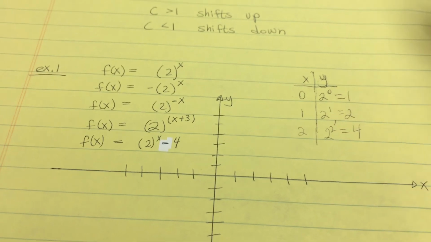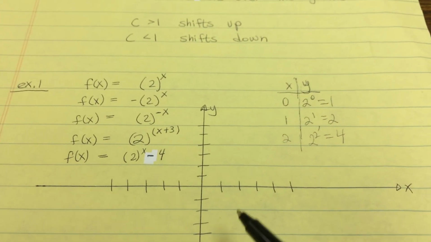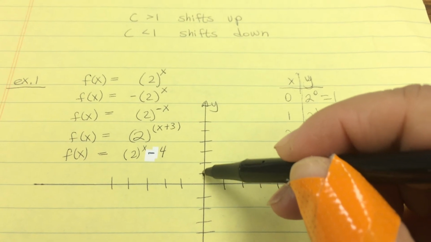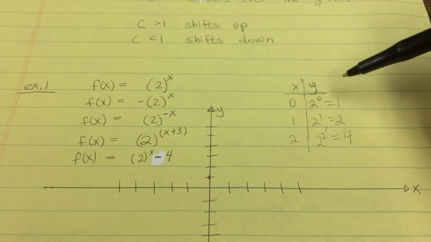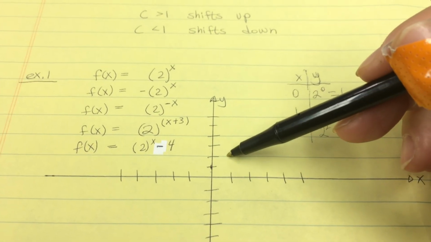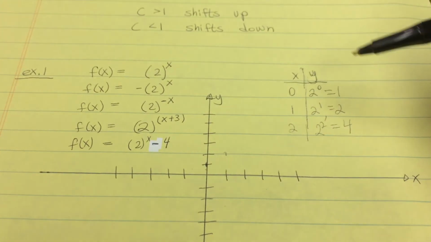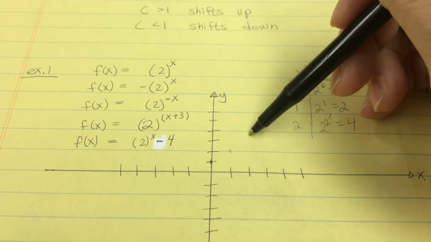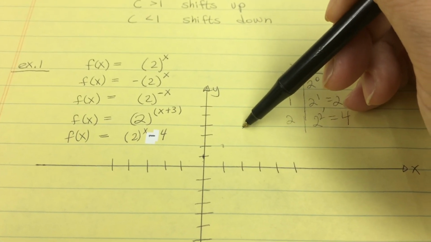So when you graph this out, you're going to graph it at 0, 1, so you're going to have a dot right there. At 1, 2, you're going to have a dot right there. And then 2, 4, so something like this. Okay?